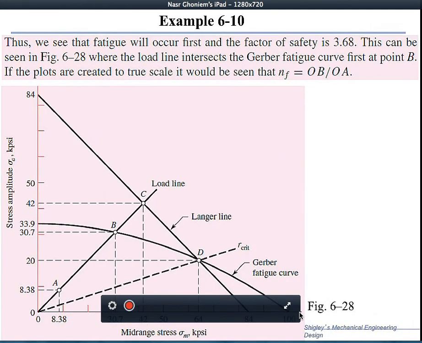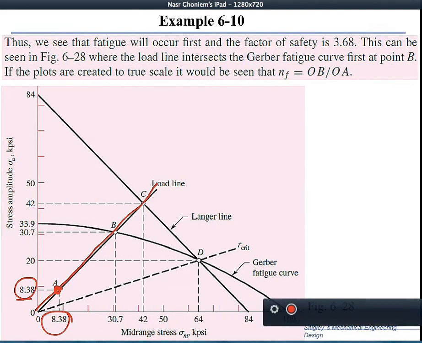So if we look at this, we see that this is the load line, and this is the actual load point, where the mean value of the applied local stress is 8.38, and the alternating value is 8.38.